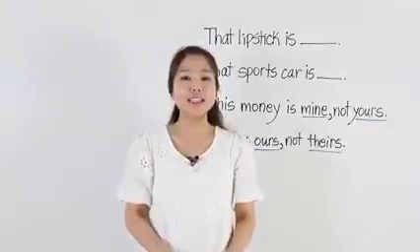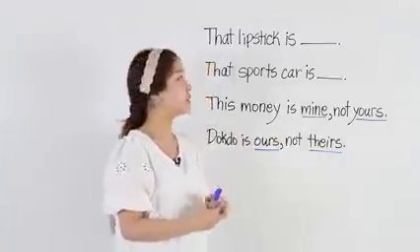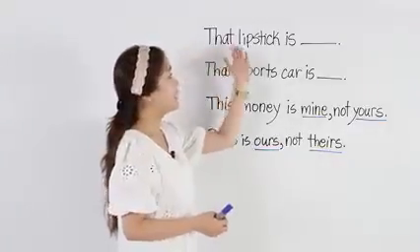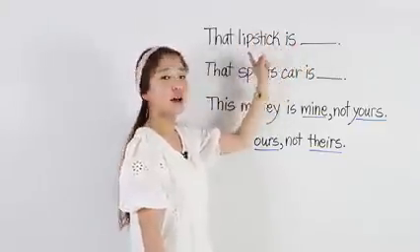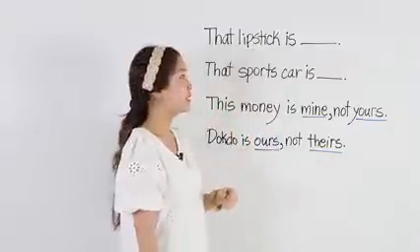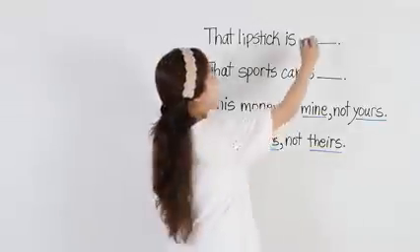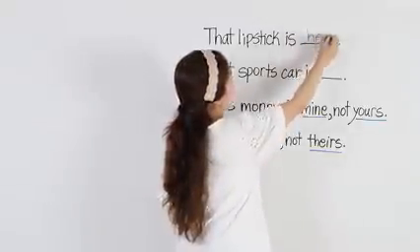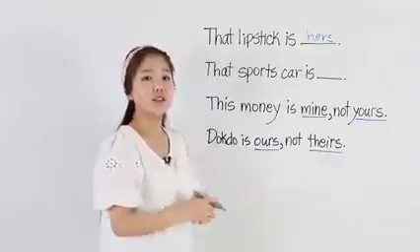Okay, let's look at these examples. We have to put in some possessive pronouns. That lipstick is... Well, we have the noun lipstick, and usually a girl or woman wears lipstick. So we're going to use the possessive pronoun hers. That lipstick is hers.